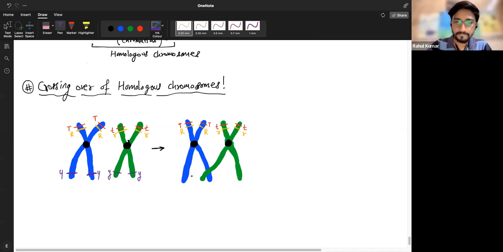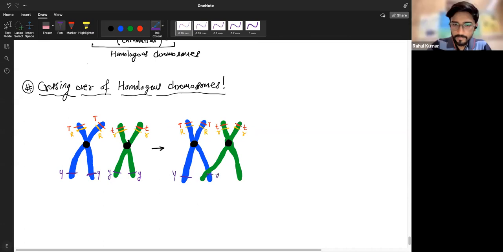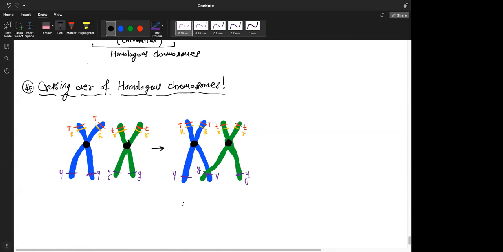Then capital Y, capital Y, so here also it will be capital Y somewhere here, and this will have small y. So both of these, capital Y and small y, are now crossing over, right? And we have small y. So at this step, we call this step exchange.